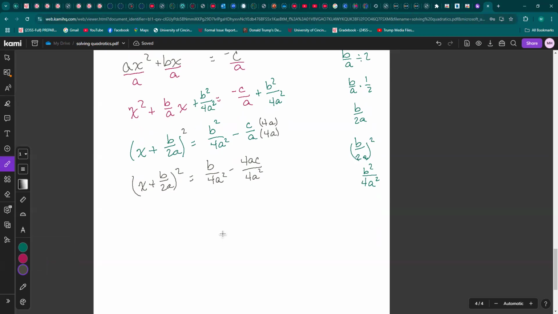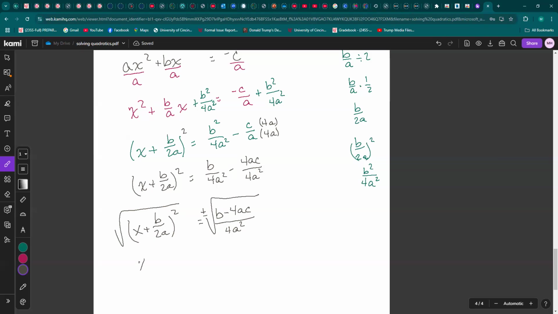Working on solving this some more, I can get this into one fraction, which is b minus 4ac over 4a squared. And I have the x plus b over 2a squared. So I'm going to square root, remember plus or minus.